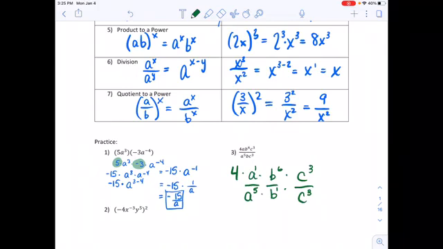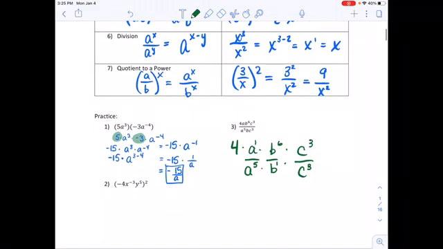So the split out is basically exactly what it was, but it's a little easier to see what we're doing here. I'm going to use my division rule, where you take the numerator exponent minus the denominator exponent, and write them out.